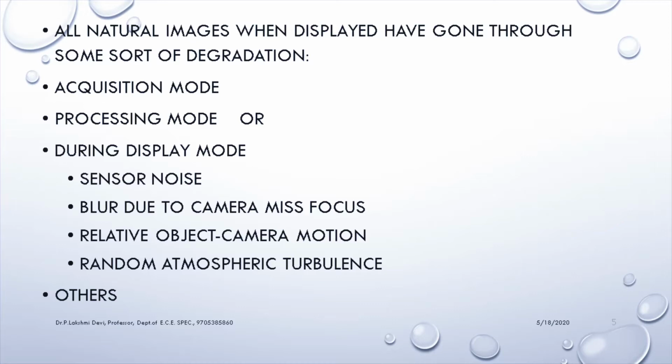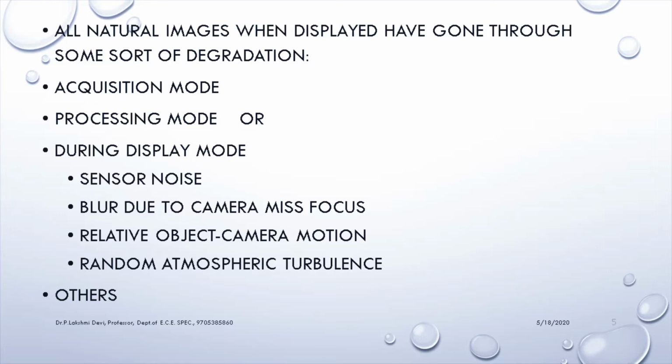In acquisition mode, at the time of acquisition, noise can be added. In processing mode, at the time of transmission or processing of an image, due to the different steps of processing from acquisition to the storing stage, a number of processings occur, and during any of these there is a chance of adding some noise.